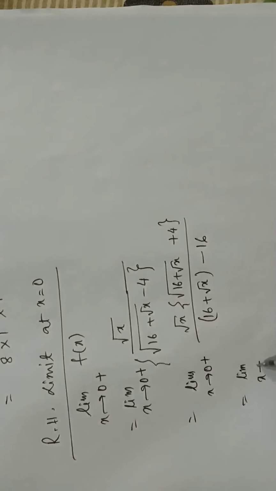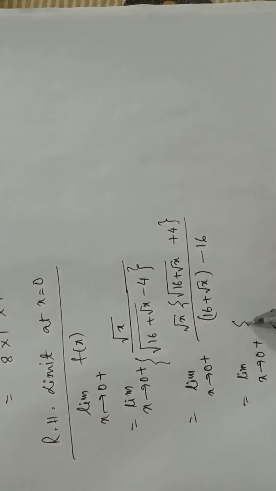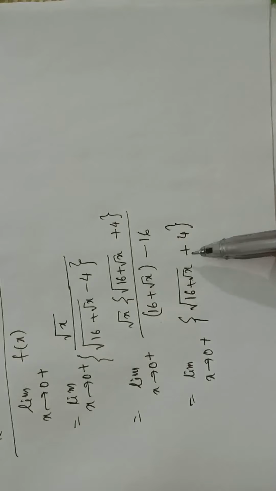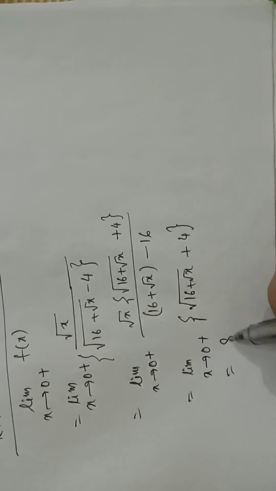So it will be limit x tends to 0 plus root over 16 plus root x plus 4. If we put x equal to 0, its value will be root over 16, that is 4, plus 4 equal to 8. So this is the right hand limit of the function, 8.